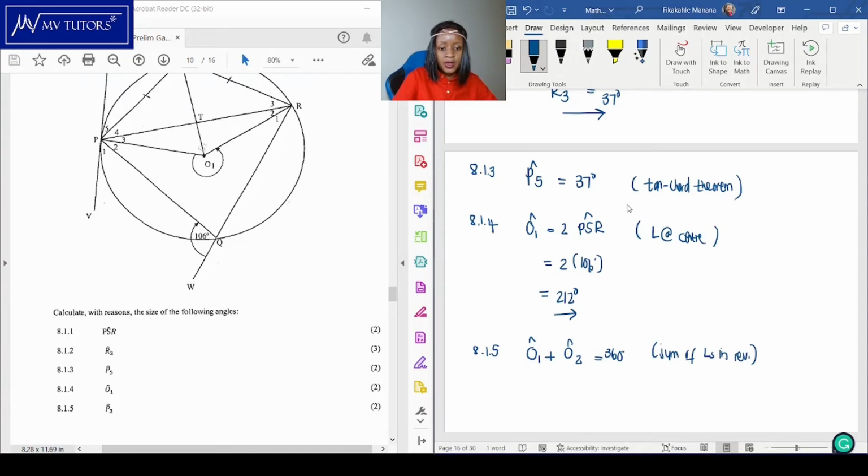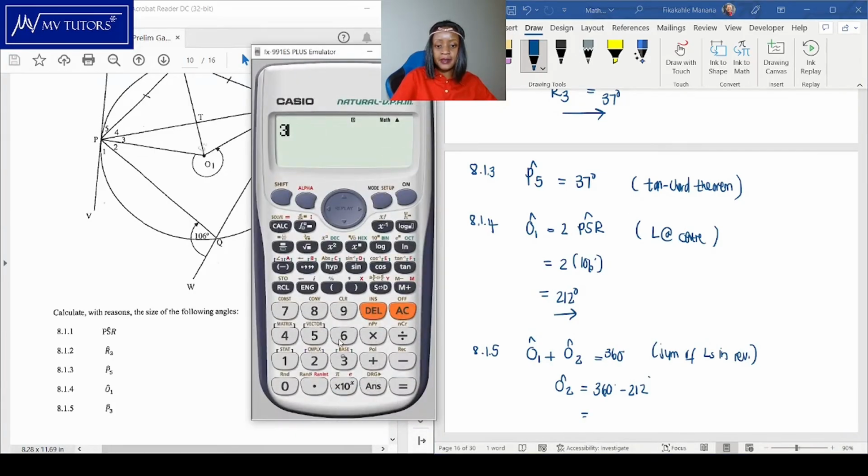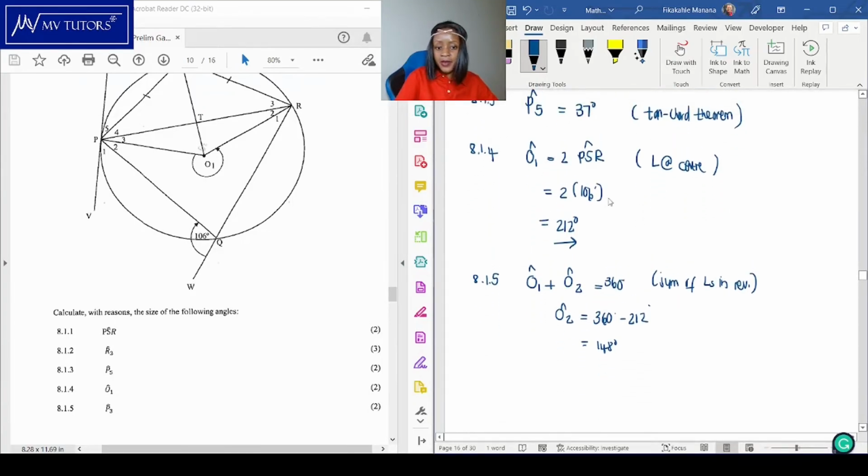Okay, we know that O1 is 212, so O2 will be 360 minus 212, and we have that as 148. Okay, then I know that P3, which is what we're looking for, is equal to R2. That's because we have an isosceles triangle POR. Okay, equal sides, equal angles.